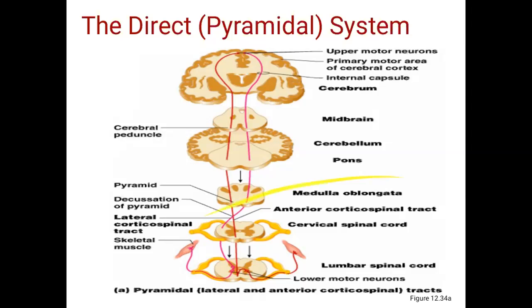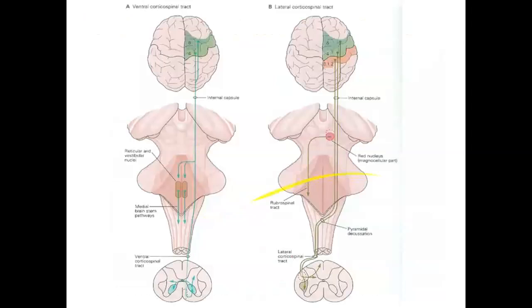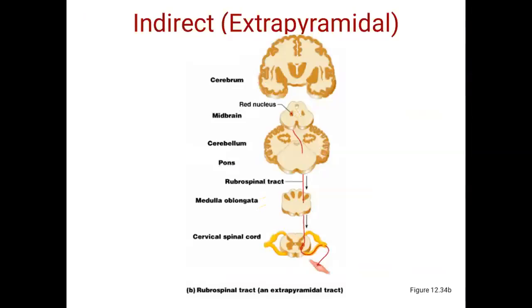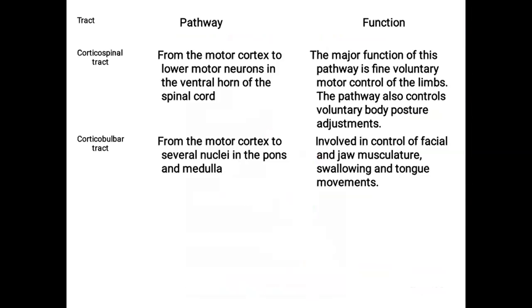Now coming to the functions of the pyramidal tract. So what are these functions? The main functions of this corticospinal tract, which we said is divided into the lateral corticospinal tract and the anterior corticospinal tract: the lateral corticospinal tract mainly controls voluntary movements, especially fine, precise movements of the fingers and hand to carry out the most skilled work.